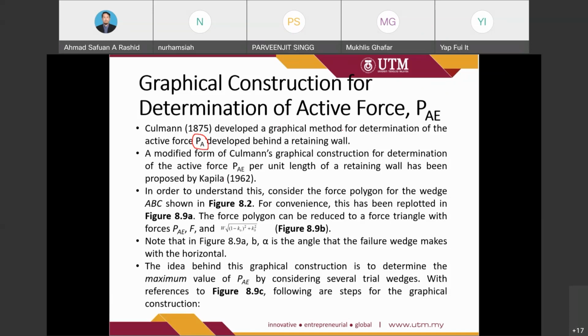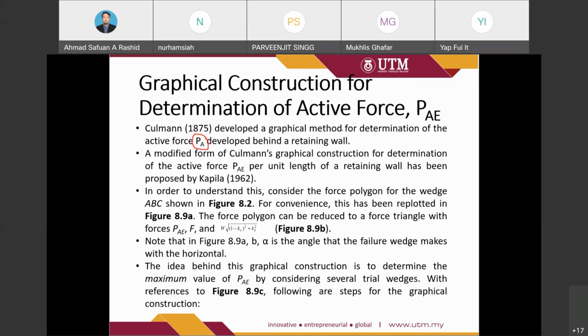Okay, so in order to use this approach, we need to draw the problems on graph paper or grid paper, and then from there we can determine the exact value for the PA or PAE.